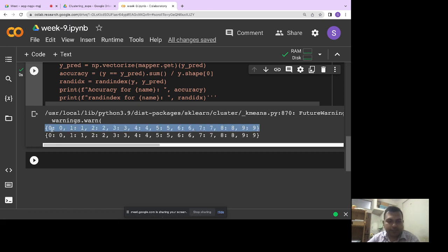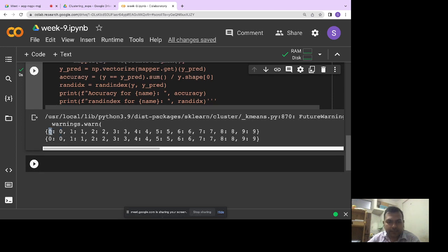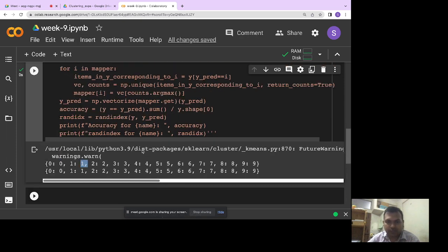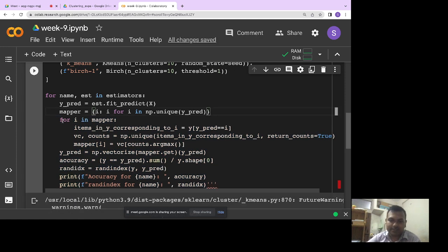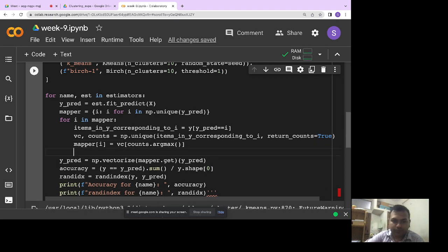A dictionary is a comma separated data structure where the first part is called a key and the second part is called a value. So it's a key value pair. So you have this 0 and it maps to a value of 0. 1 maps to a value of 1, 2 maps to a value of 2 and so on. So everything maps to the exact same thing. You might be thinking why I have created this data structure. That will be clear after I go through this.